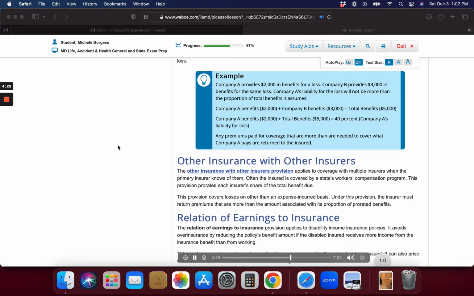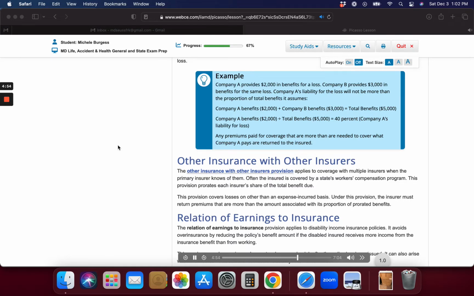Unpaid premium. The unpaid premium provision addresses any premiums the insured owes before the claim. The insurer can deduct the amount of unpaid premium from the benefit paid to the insured. Cancellation. The cancellation provision lets an insurer cancel the policy at any time with 45 days notice. The 45-day notice is also necessary if the insurer is not going to renew the policy or changes the premium.